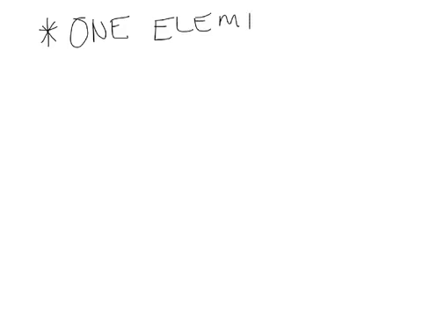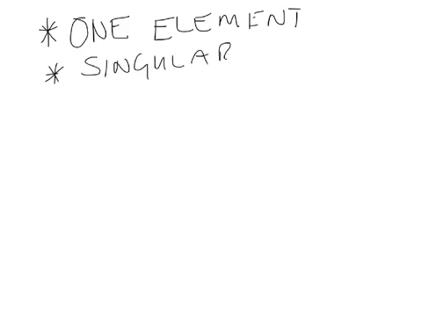Uncountable nouns are, first of all, considered one element, which means that they are always singular, and we don't use numbers to classify them.